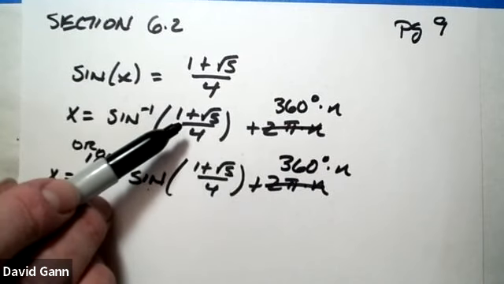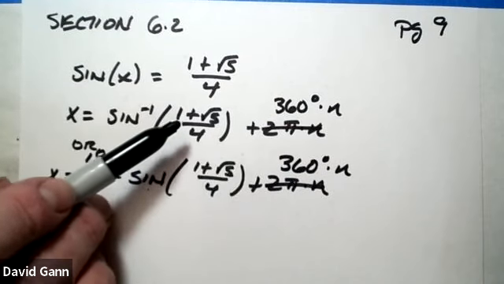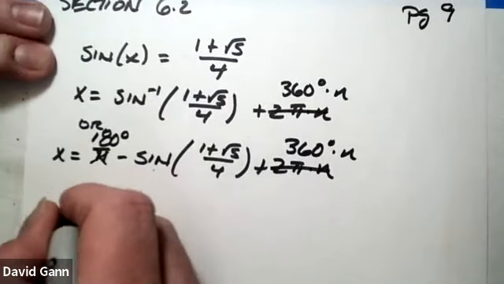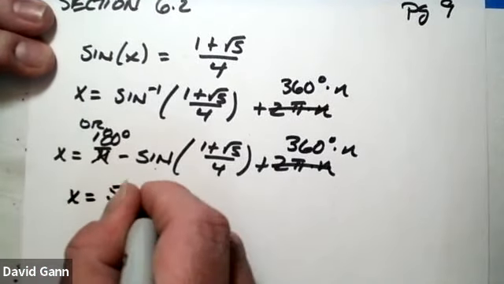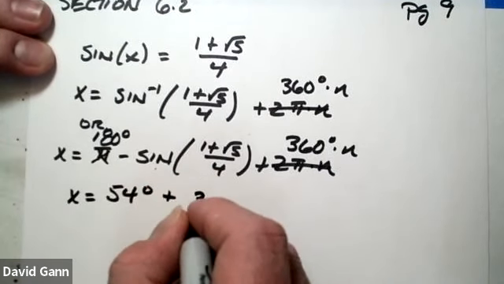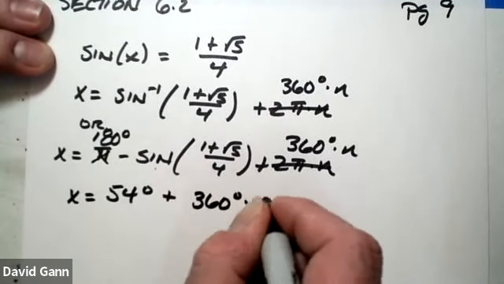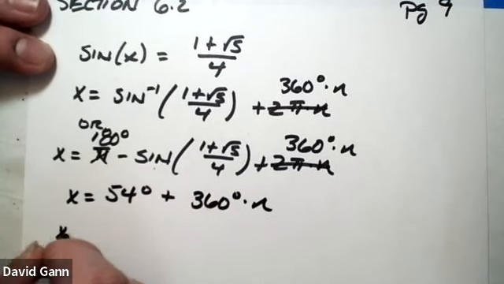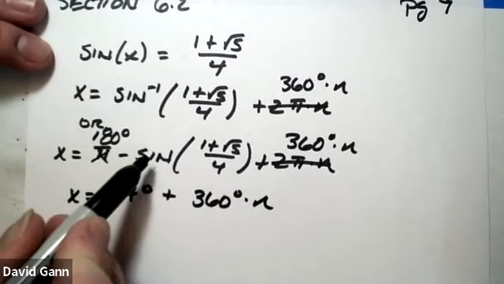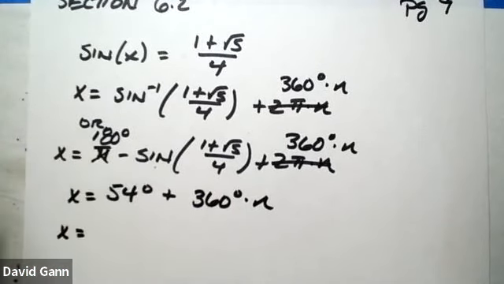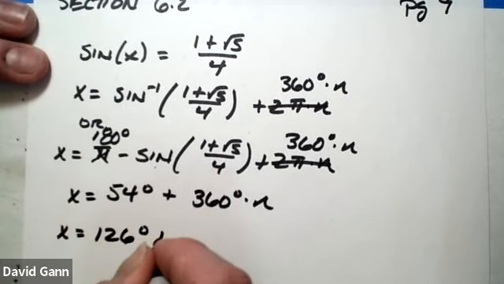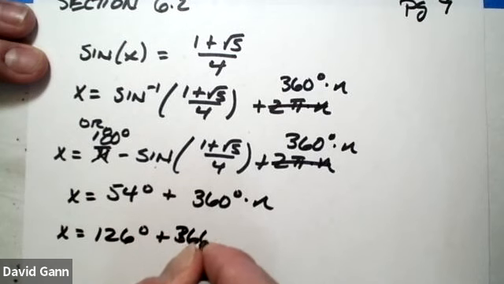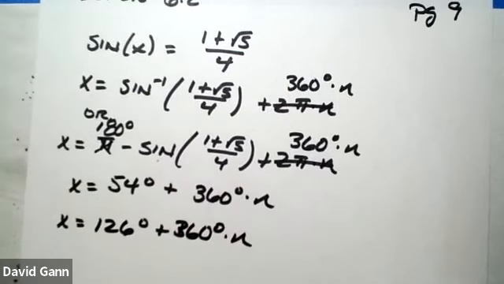The inverse sine of that number is actually 54 degrees, which is really cool. So x equal to 54 degrees plus any coterminal angle, or it is equal to 180 minus 54, which is going to be 126 plus 360 degrees times n. So that's what we get from the first branch.